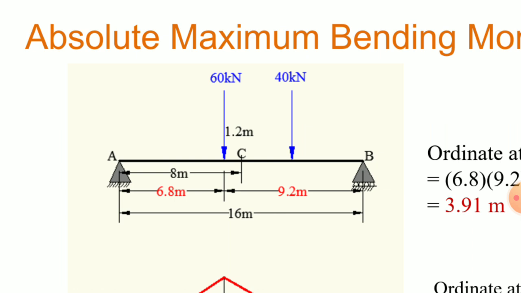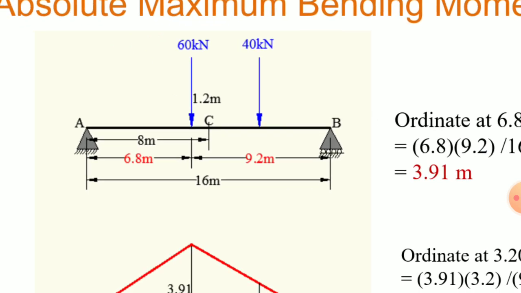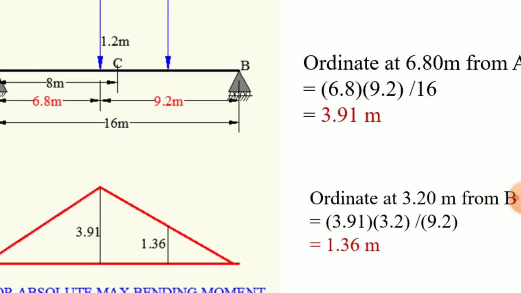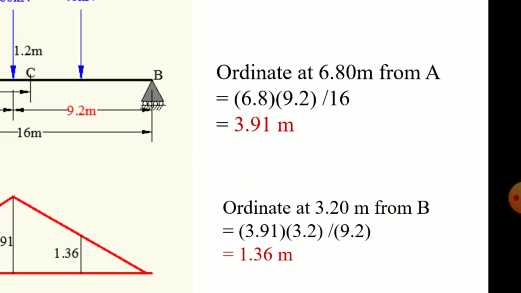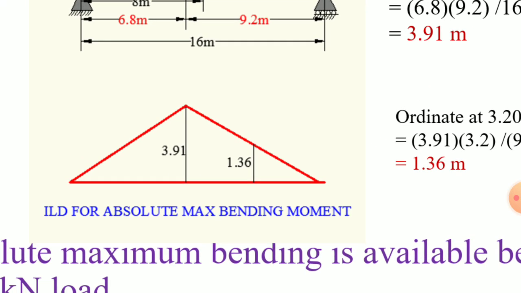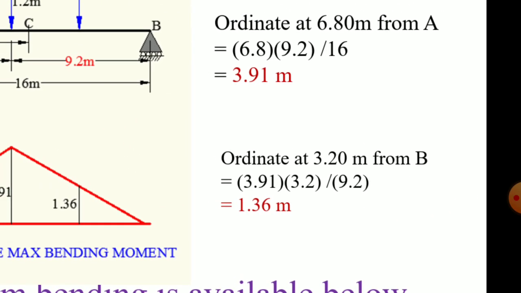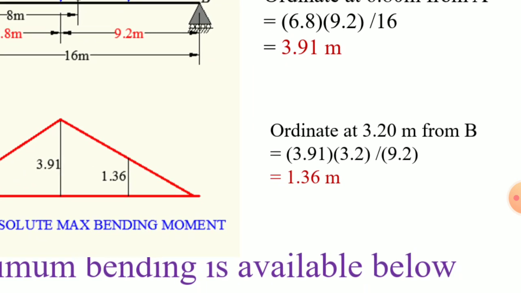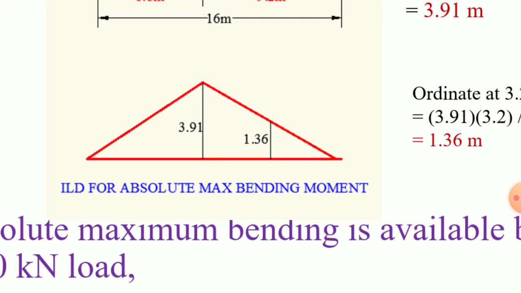So the 60 kilonewton load will be 6.8 meters from A, that is 8 minus 1.2. So if you draw the influence line diagram for bending moment, the ordinate at 6.8 meters from A will be 3.91 meter and the ordinate at 9.2 meter from B will be 1.36 meter.